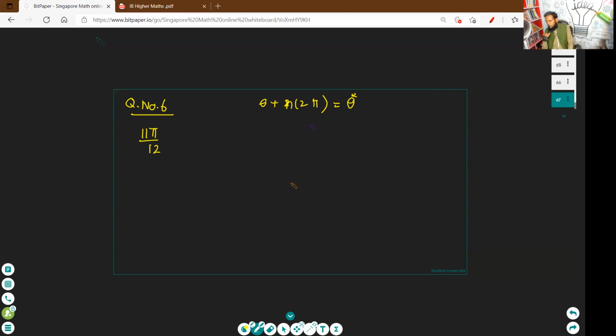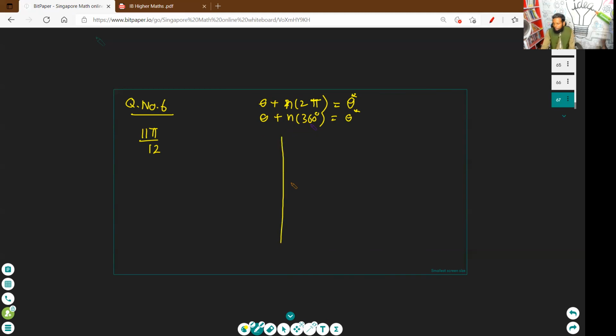Okay. 11 pi by 12 is 165 degrees, right? Yes. And also write theta plus n into 360 degrees. Okay. Both are correct. Okay, what I did was you should make the figure.